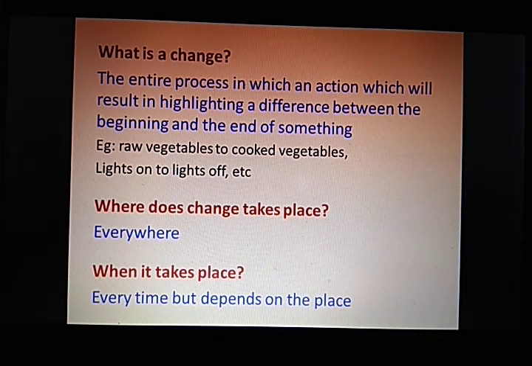Suppose a work is going on, any work, whether you are doing it, I am doing it, or any machine is doing it. When something is going on, definitely it had a start. It started at some point of time, then only it will go on.